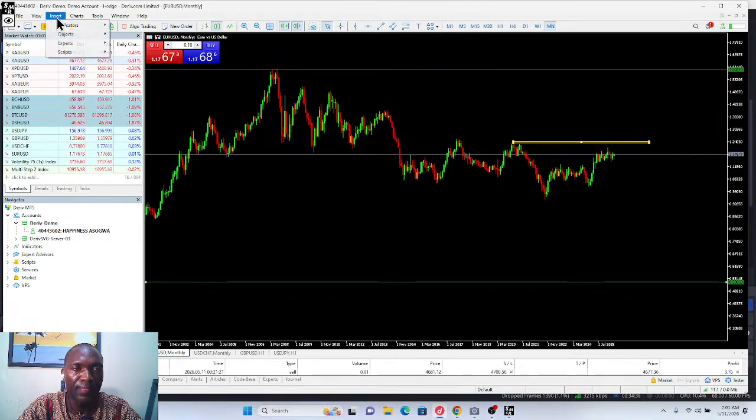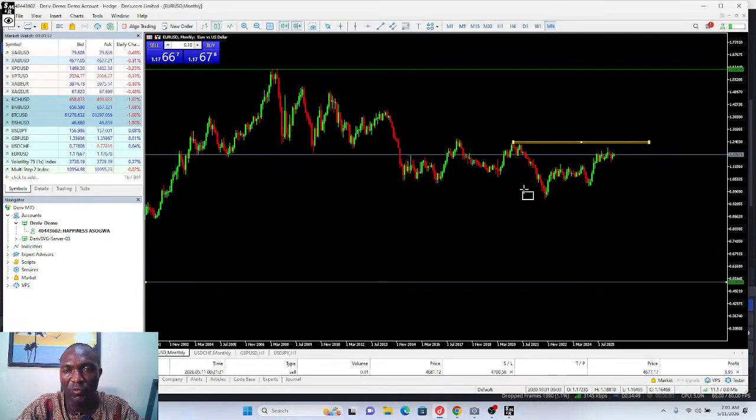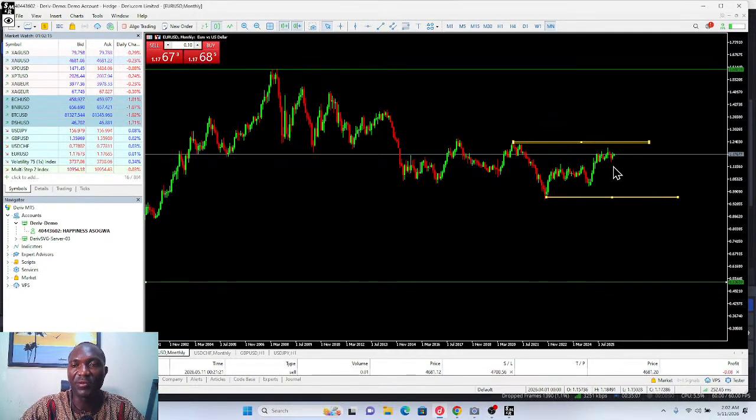Click again. This place becomes a swing low. It has become a swing low. So mind you, we have an uptrend here inside this general trend, which is a downtrend.